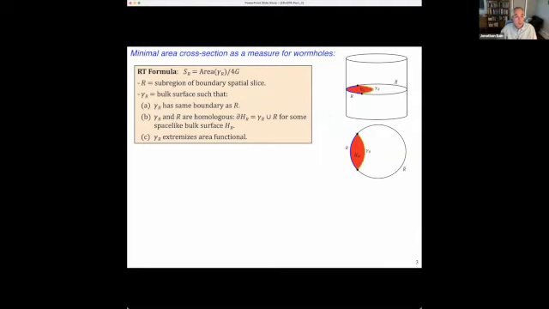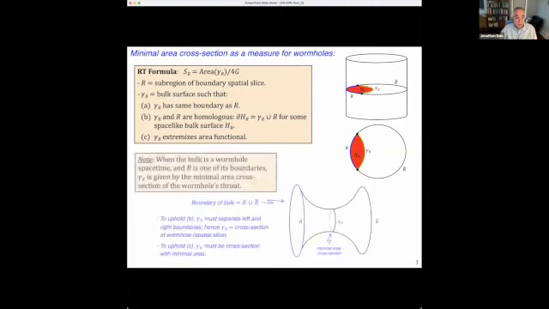Now, let's focus on the specific example in which the bulk spacetime is a wormhole spacetime, perhaps extended AdS Schwarzschild spacetime. And furthermore, in that case, let's also specialize to the case where our boundary spatial subregion R consists of one of the two boundaries of a spatial slice of a bulk wormhole spacetime.